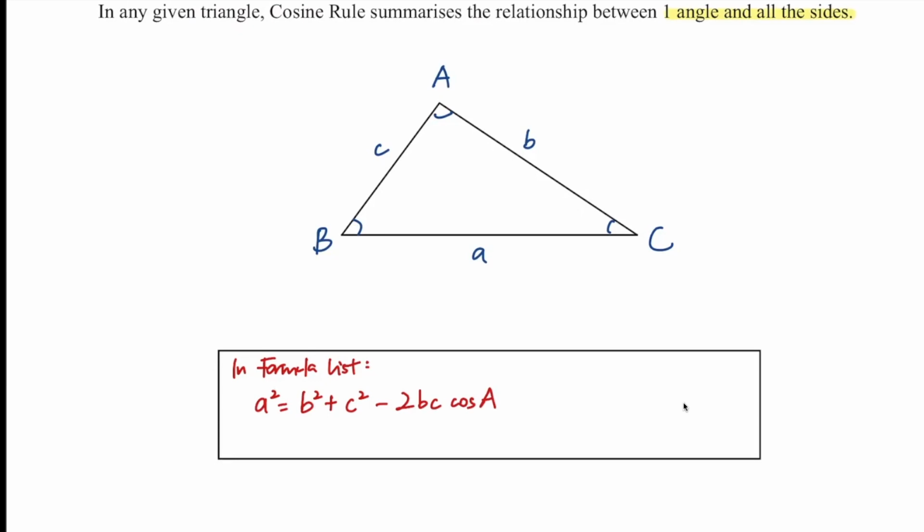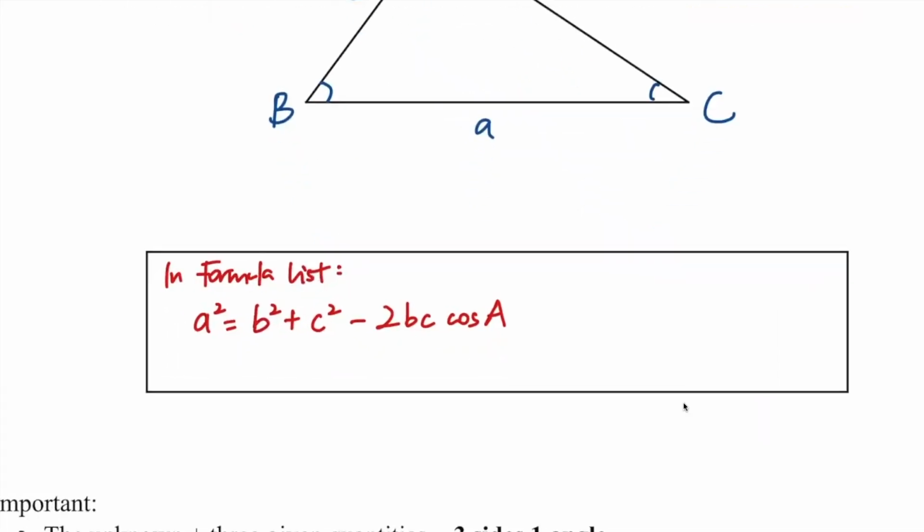Okay, now, but very importantly, you realize that first things first, this formula uses all three sides, a, b, and c. And it uses one angle, angle A. So when you want to use this formula, three of the sides and one of the angles must be involved.